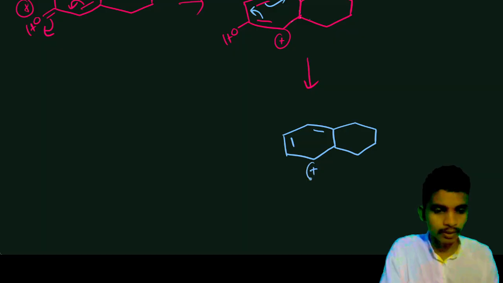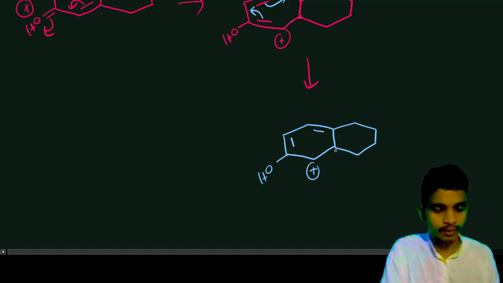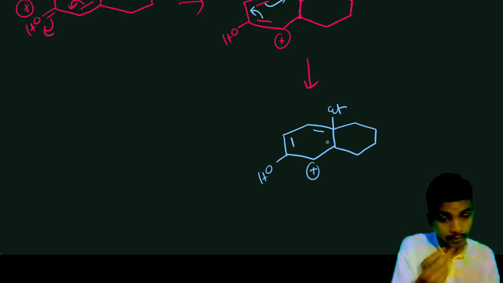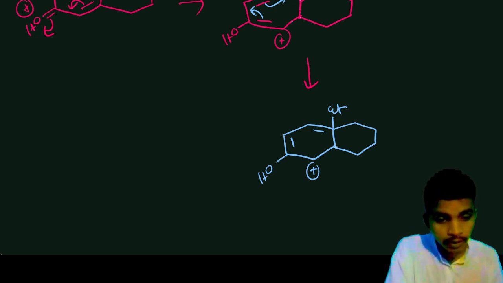Here I will get the positive charge, and here we have the OH. Now here we have the ethyl group there. Then here we have hydrogen.